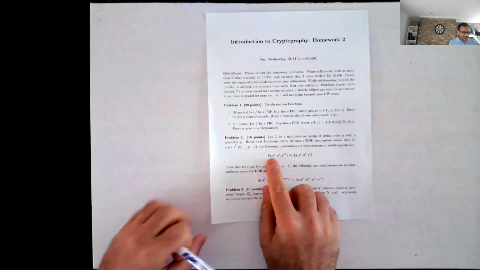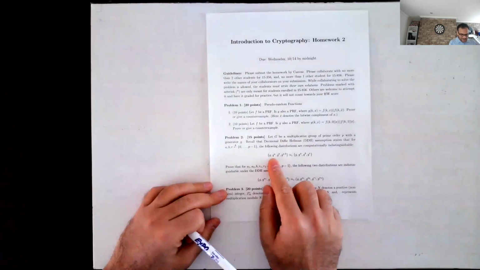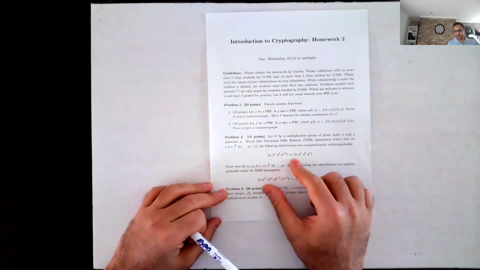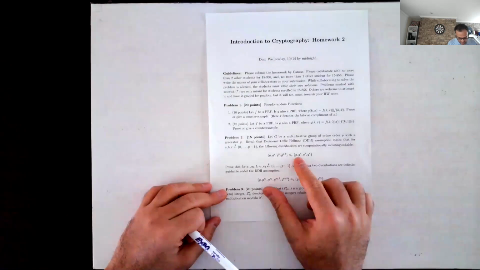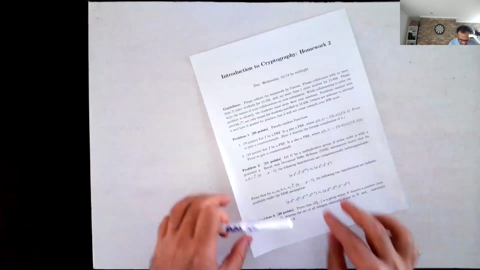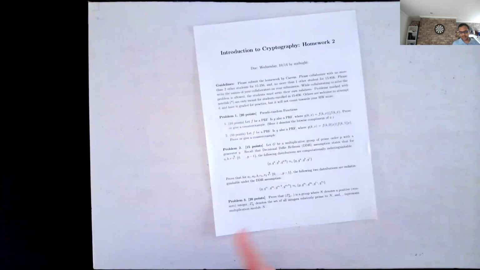So for the second problem, you can make the DDH assumption. The DDH assumption says that g to the power a, g to the power b, g to the power ab is computationally indistinguishable from g to the power a, g to the power b, and g to the power r. And then you have some other distribution whose computational indistinguishability you need to prove.